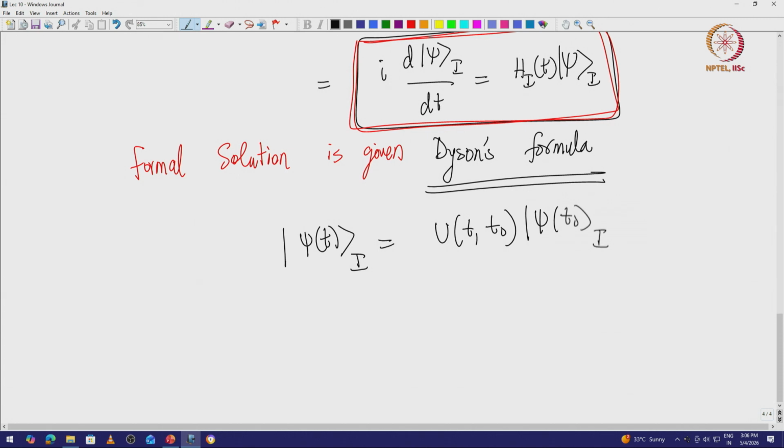If H is a constant, I can write it in terms of the exponential of H times it.